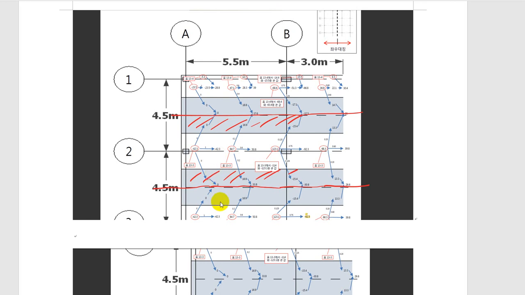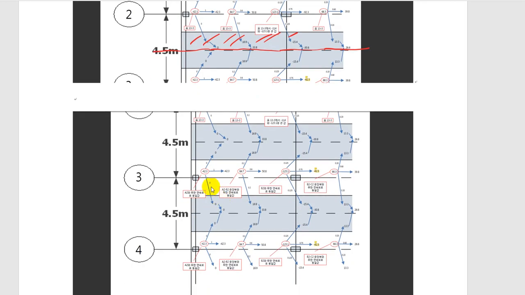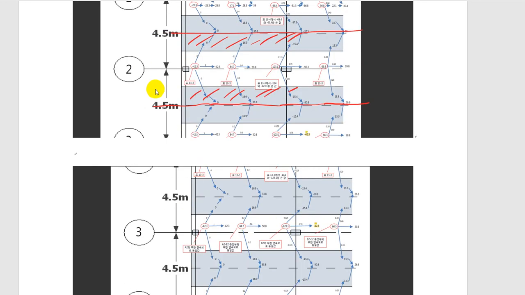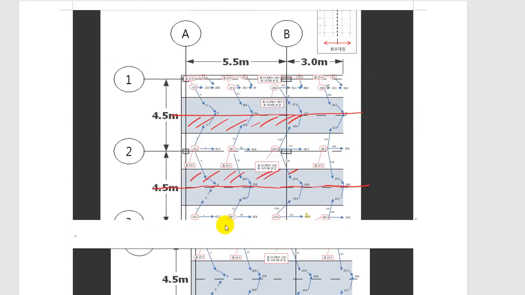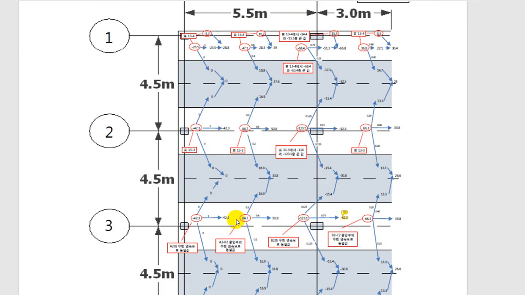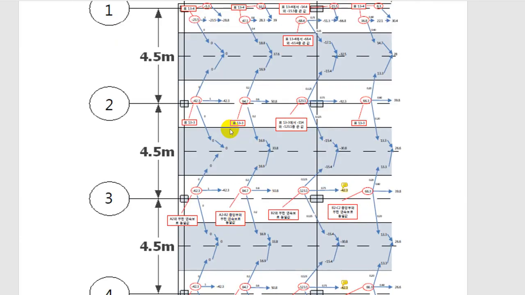And later, this column strip, this is second strip and third strip, this column strip is shared by this and this, right? So if you take a look from here, this continuous type of diagram. If you see second strip, this column strip is shared by this middle strip here, and this column strip is shared by this, right?